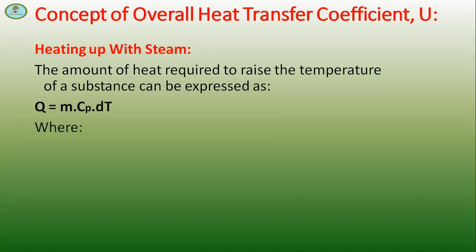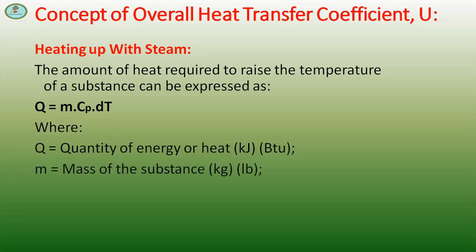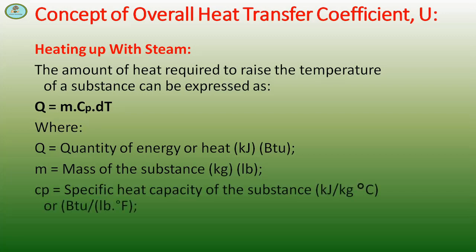Where Q is quantity of energy or heat in kilojoule or BTU, m is mass of the substance in kg or lb, Cp is specific heat capacity of the substance in kilojoule per kg degree Celsius or BTU per lb degree Fahrenheit.